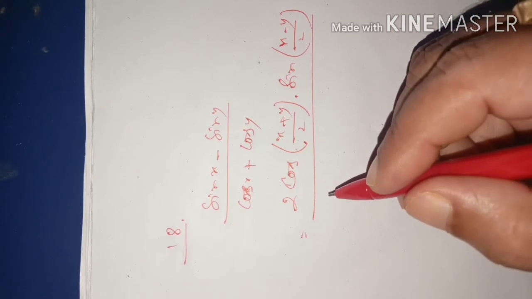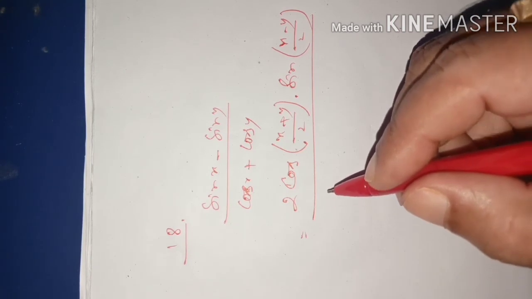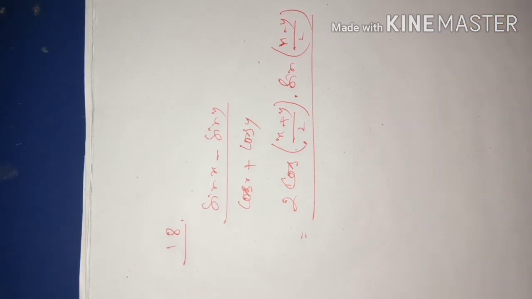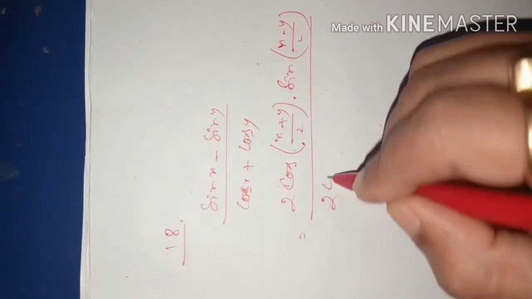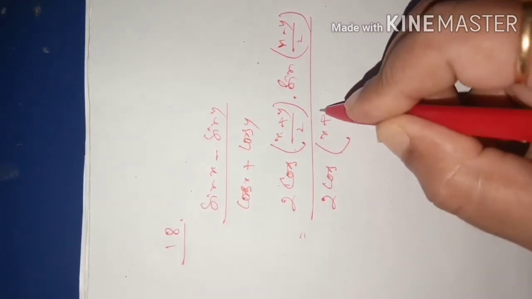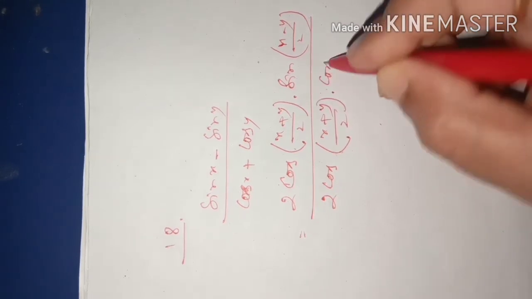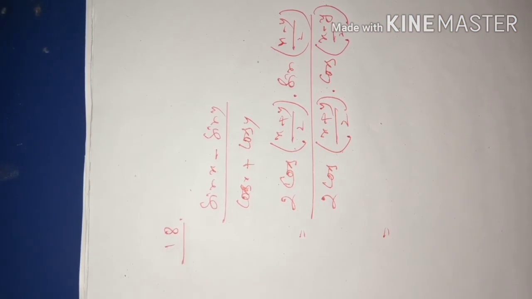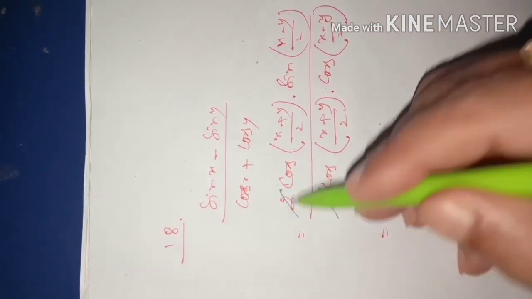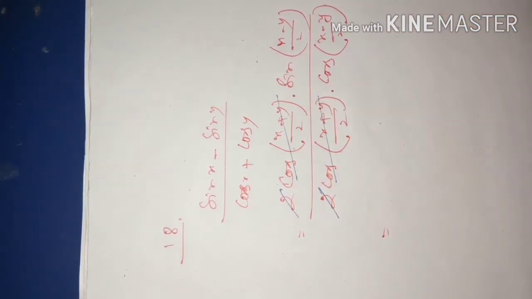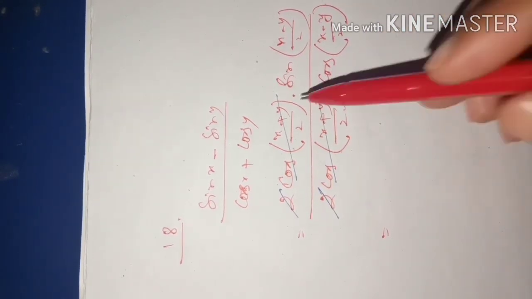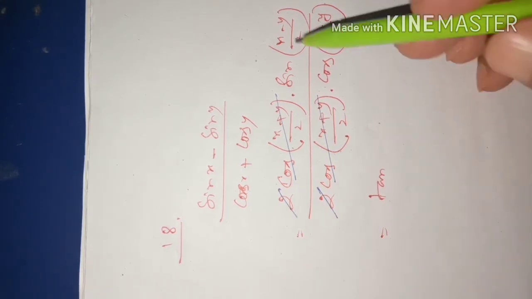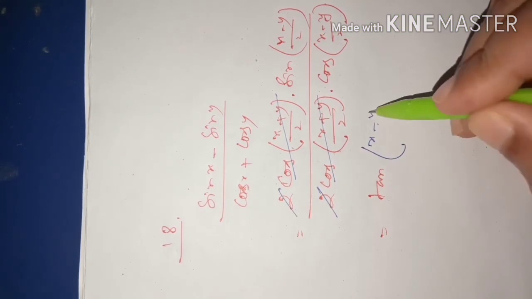Cos x plus cos y will be equal to 2 cos of (x plus y) by 2 into cos of (x minus y) by 2. Then we will be able to cancel cos and cos. Then we will have sin by cos with the same angle, that means it will be tan of (x minus y) by 2.